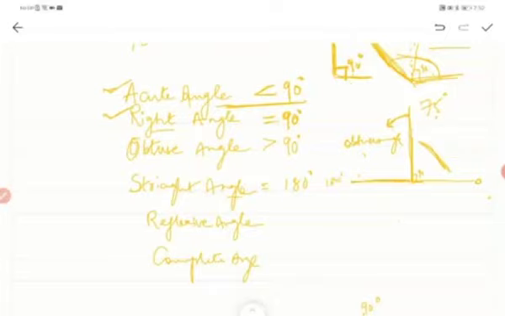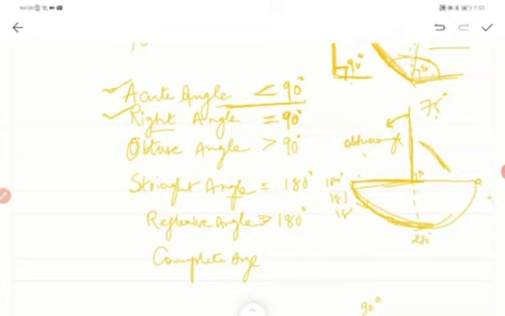Now if it is greater than 180 degrees, all these angles you call reflex angles: 181, 182, all the angles that come are reflex angles. And when it reaches 360, after 180 comes 270, straight here you will get 270 degrees.